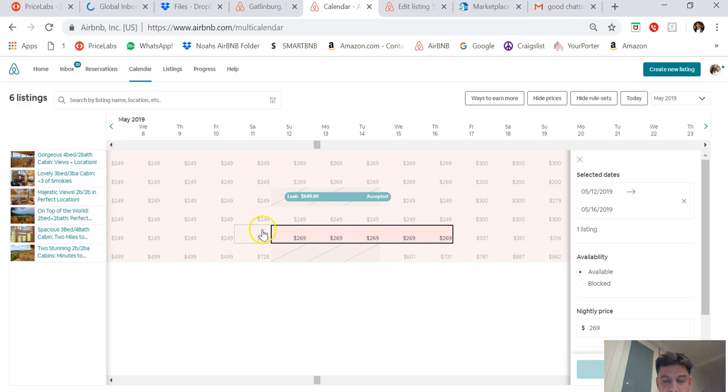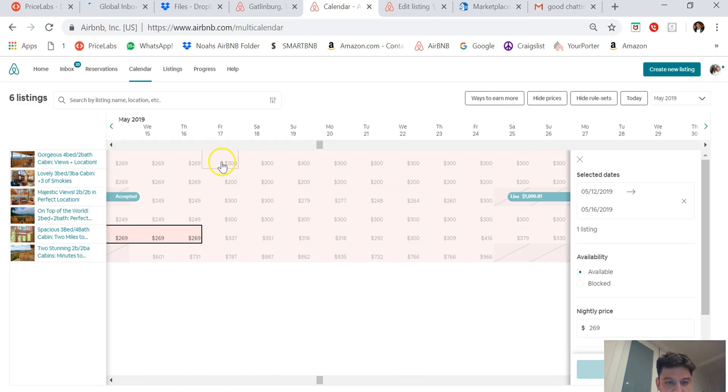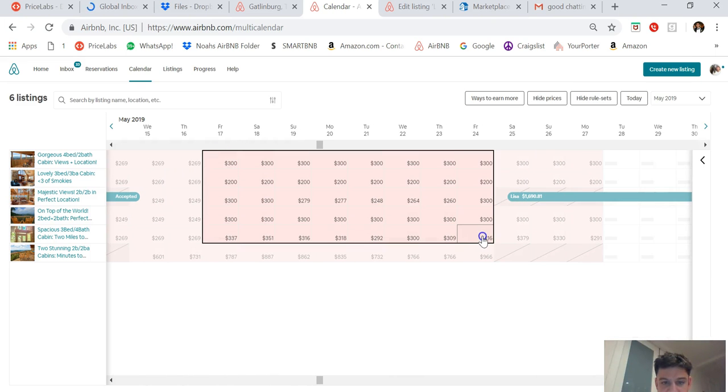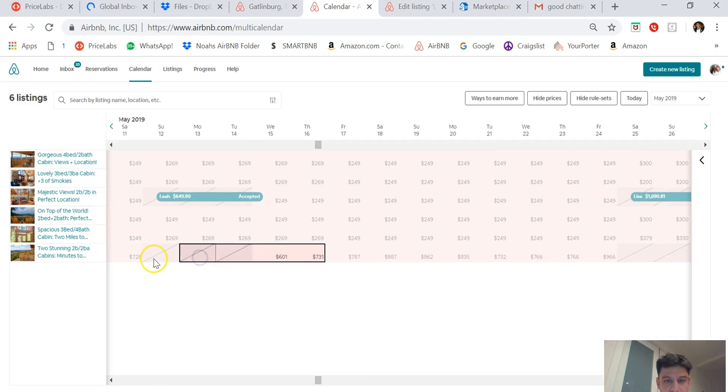Let's see what we got. Okay, a 3 is probably too much. Now we're getting a little bit too aggressive with these numbers here, so let's keep it reasonable. 249.